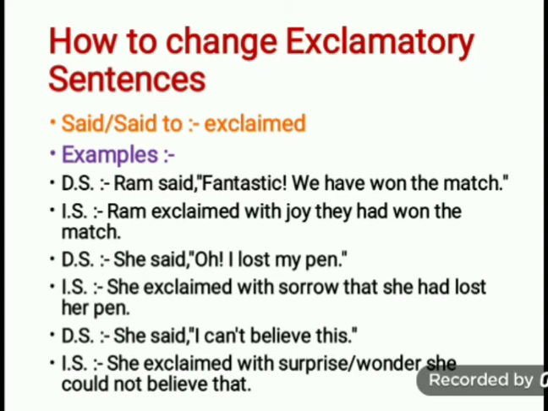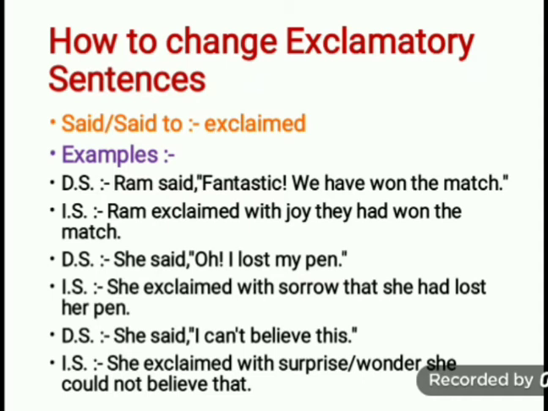Then had, why did we use had? Because the sentence given under quotation marks is in past simple tense. I lost my pen. I is a subject, lost is the verb's second form, then my pen is the object, so it is a past simple tense affirmative sentence, so we will change it into past perfect tense.